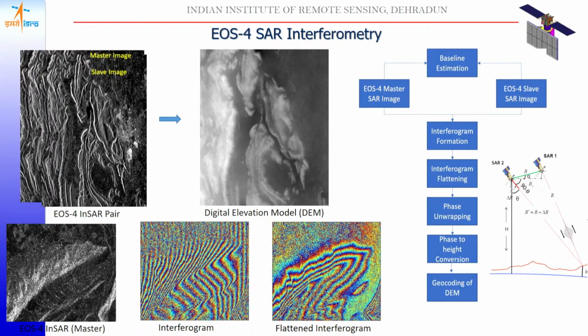SAR is always complementary to the optical. As a reference we have to take optical, for the initial interpretation of the SAR image, because we are more familiar with the optical image.